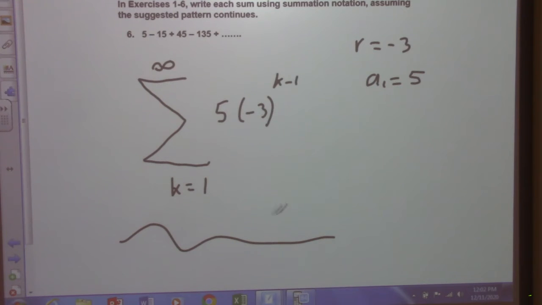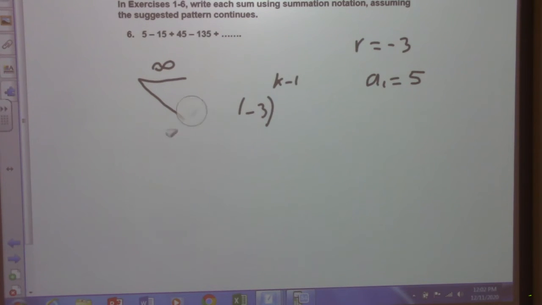And then you try the next number. If 2 is going to work, then you should get negative 15. And so if you try 2, you get negative 3 to the power of 1, and negative 3 times 5 is negative 15. So just make a couple of tries to see if that works. And if you're sure after a couple tries that that looks good, then you know you started out right. So that was a real good question there. That was a worthy question. Thanks for being worthy in the classroom today.